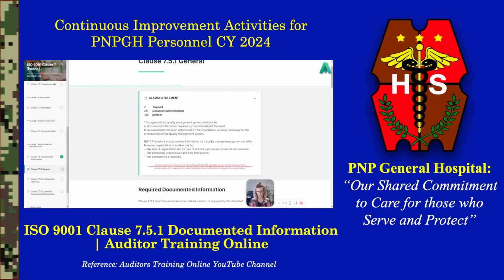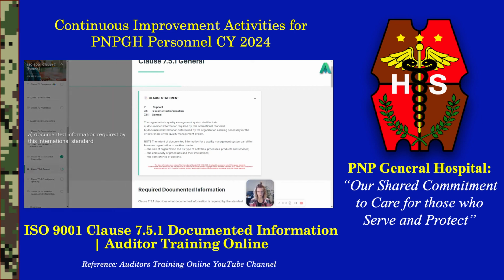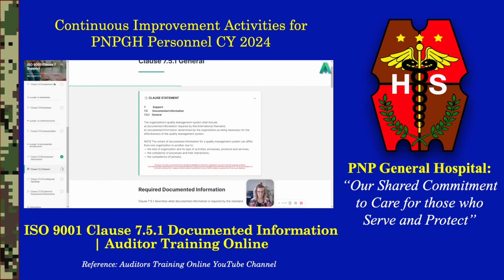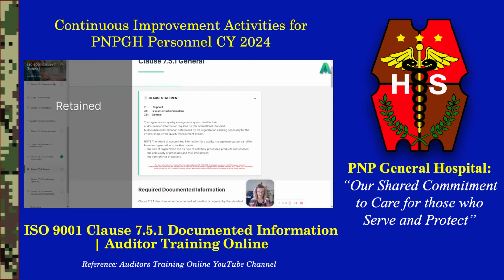So it says the organization's quality management system shall include A, documented information required by this international standard. Okay, pretty straightforward. So wherever you have seen in ISO 9001 where it states that documented information is to be retained or maintained or be available, well, you have to do it.